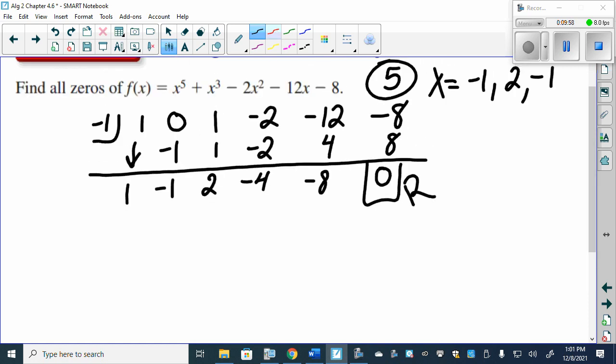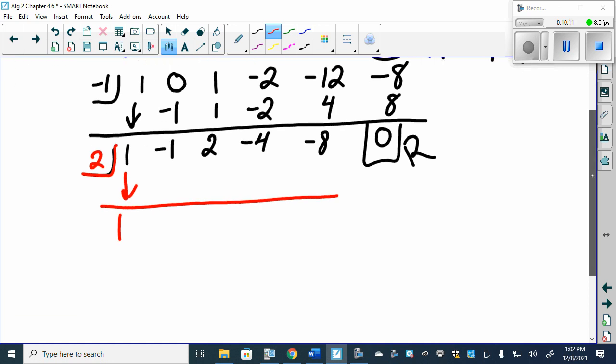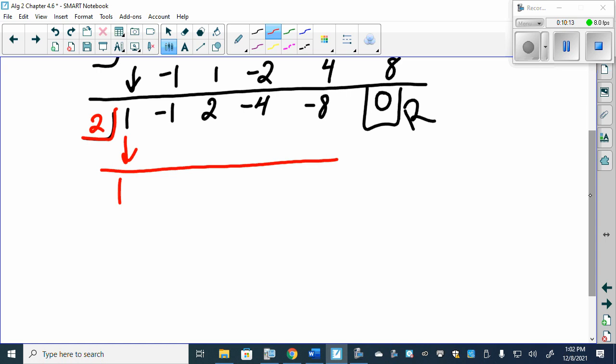What number can we do next? 2. Because we could have done 2 or -1. Either one will work. All right. So let's look at this here.